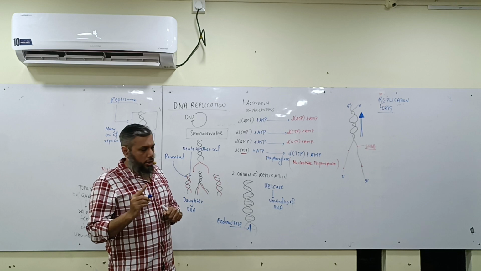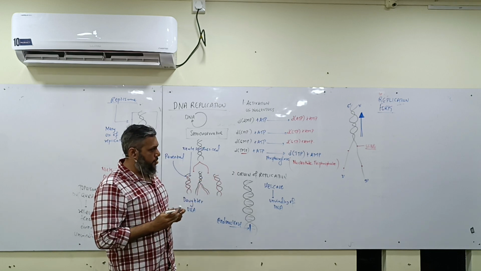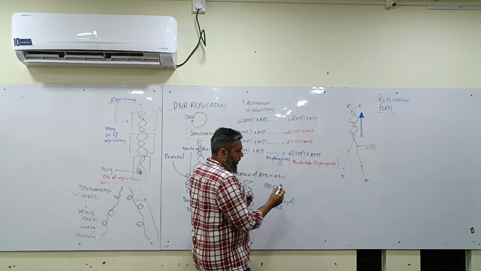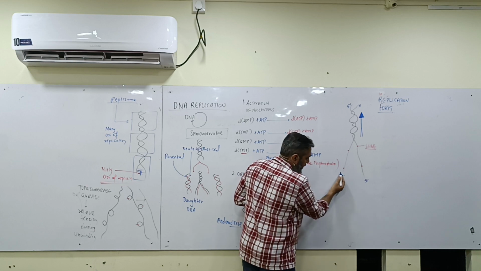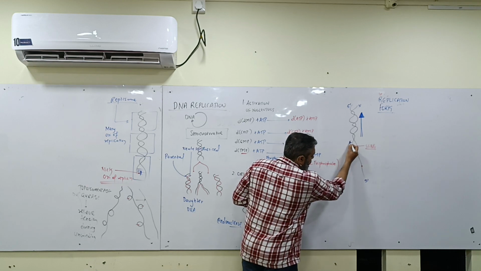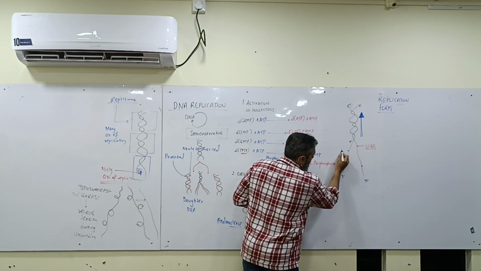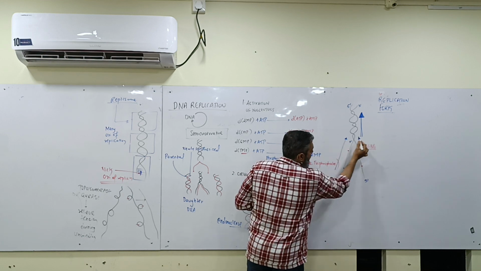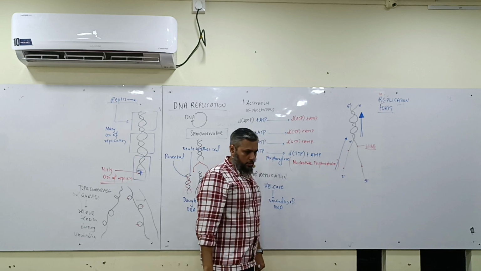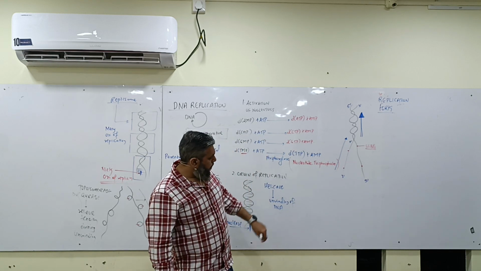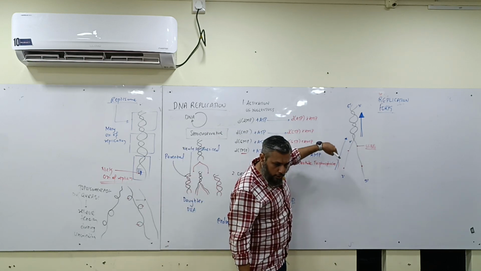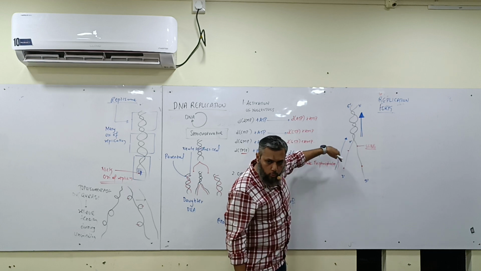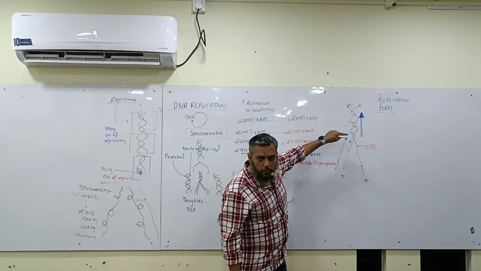And if you want to read those two strands, this one will be read 3' to 5' towards the opening of the fork. Yes or no? 3' to 5' towards the opening of the fork.